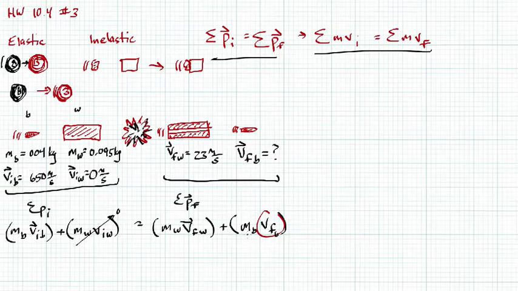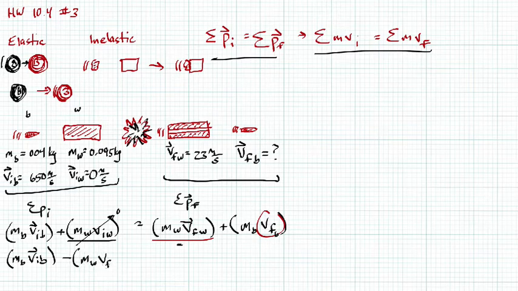Okay? So let's start by adding this to the other side. So that's going to be mass of the bullet, initial velocity of the bullet. Okay. This whole thing goes away. We don't need to worry about that. So we're subtracting this to that side. Minus mass of the wood block times the final velocity of the wood block.